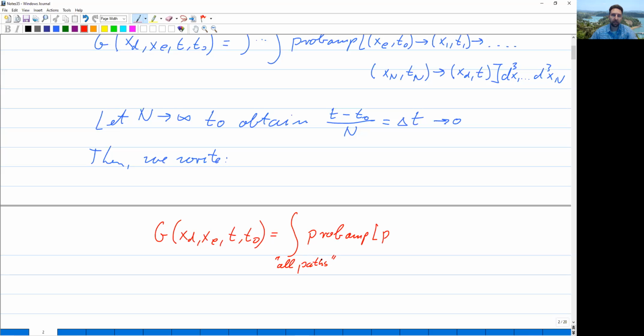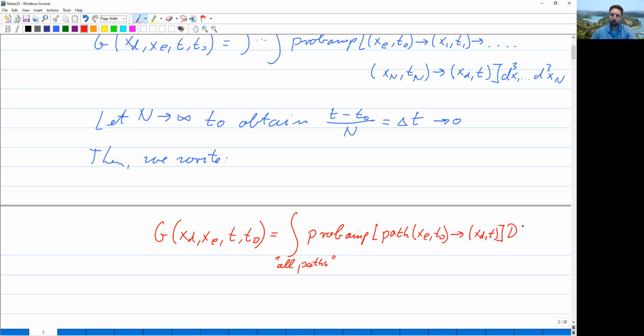So we pick any one of all possible paths, and for this path, we then take the probability amplitude for the path from xe at t0 in some way to the detector at time t.